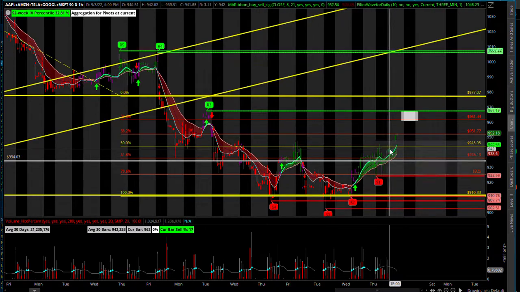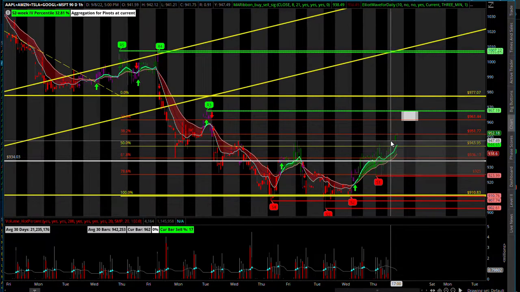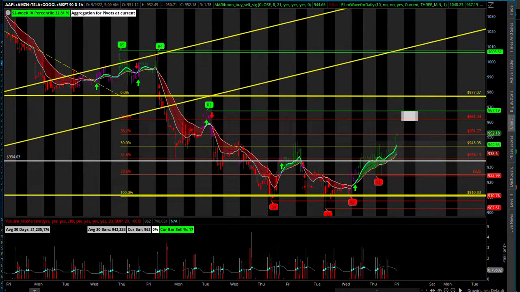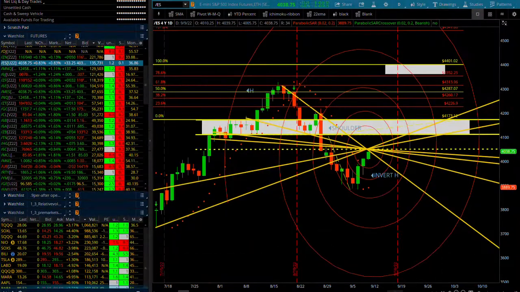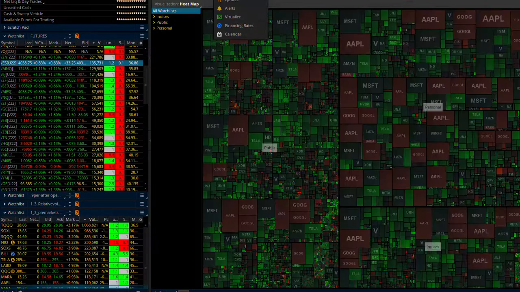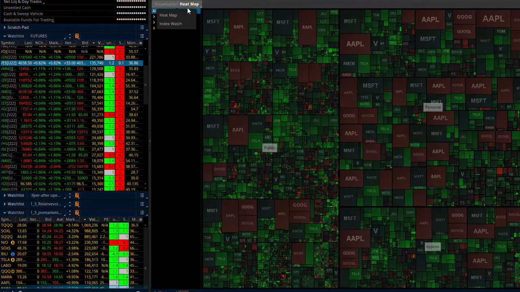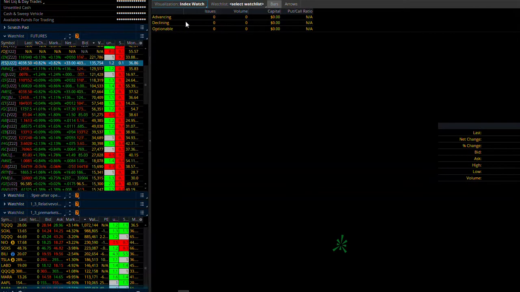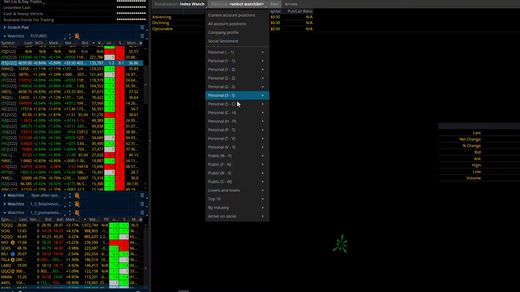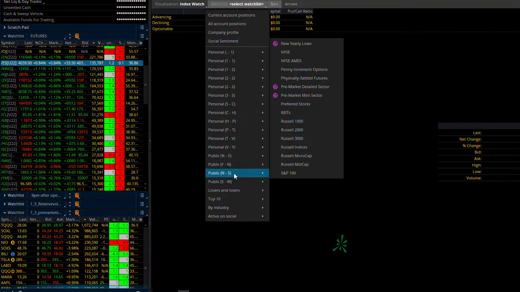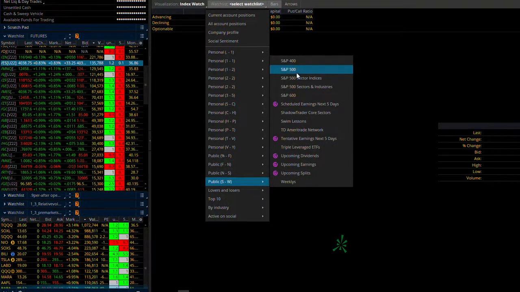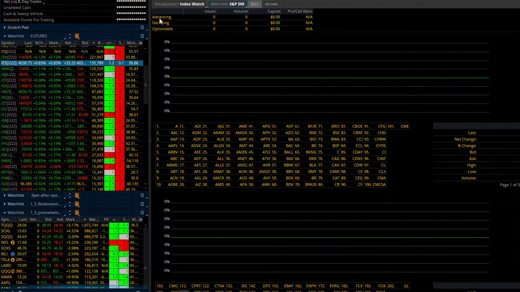Given that we're getting a gap and go on the pre-market session, just something to think about going into today's session. Other things that I'm looking at to happen today: if you go over here to your heat map, index watch, and put your S&Ps in here, S&P 500s, let's just go with that one right there. So basically, you're advancing, declining, okay? I'm looking for 90% correlation here to the upside today.